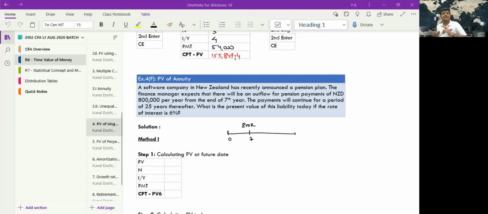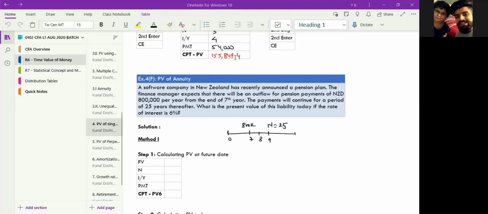And I will get this amount till 25 more years. The payment will continue for a period of 25 years thereafter. So how many total payments I will have of 800,000, guys? 25. So your N is going to be 25. And that amount will begin from end of 7th year, correct?